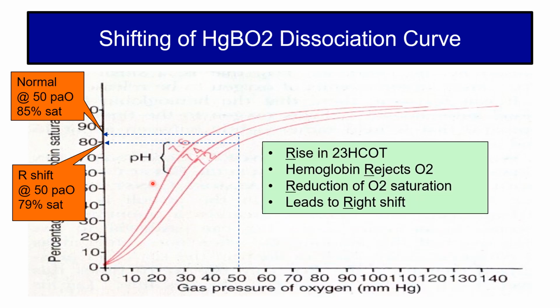So a rise in 2,3-DPG, hydrogen, carbon dioxide, and temperature will cause the hemoglobin to reject oxygen. This will cause a reduction of O2 saturation, and this will lead to the right shift of the curve. So it is the rule of R.